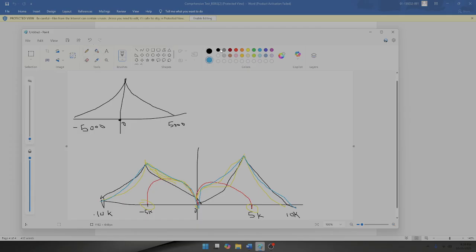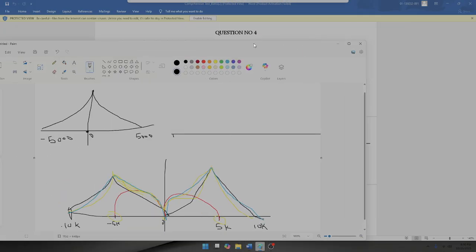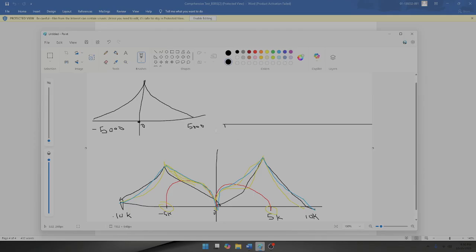So let me draw that. Yeah, okay, this is going to be 20,000, minus 20,000. This is 0. This is plus 20,000 kilohertz.